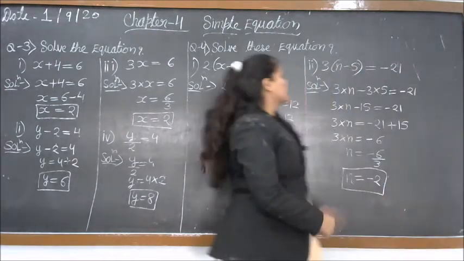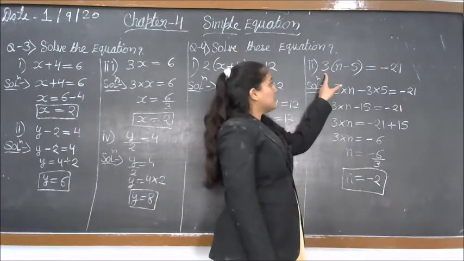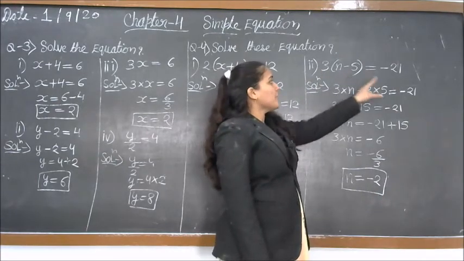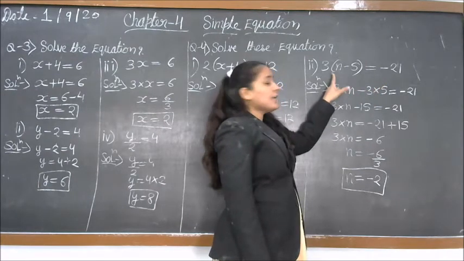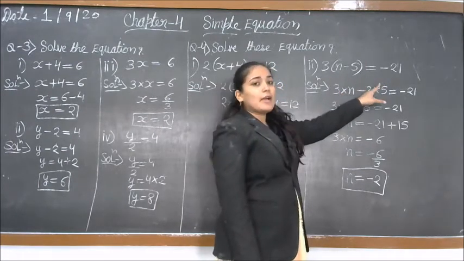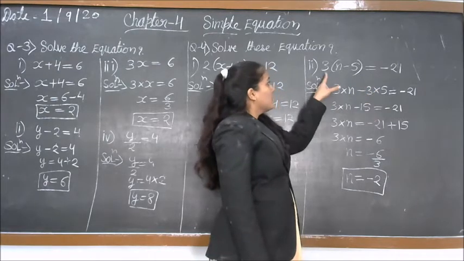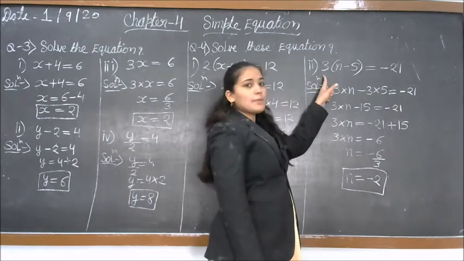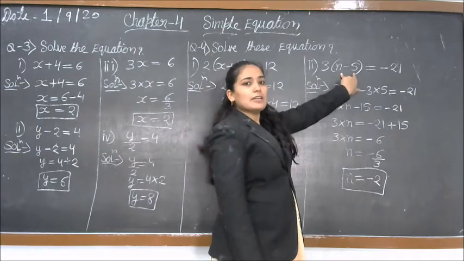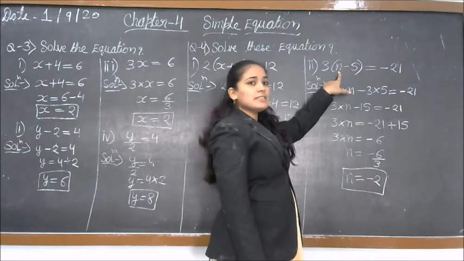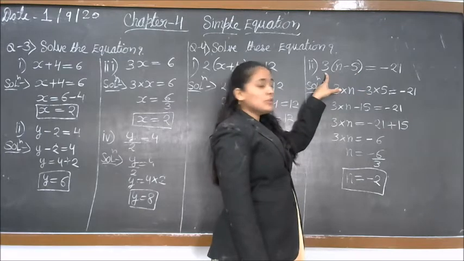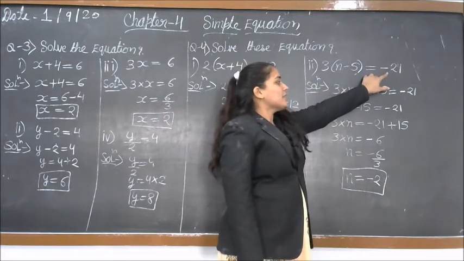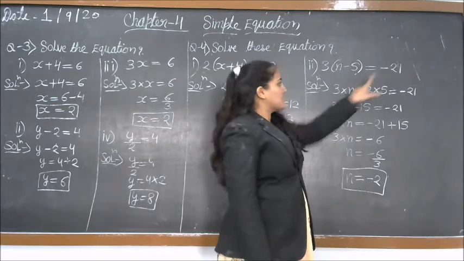Now, next, second: 3(n minus 5) equal to minus 21. 3 is before the bracket and these two are in the bracket. N is the variable, 5 is a constant, 3 is also a constant and minus 21 is also a constant.